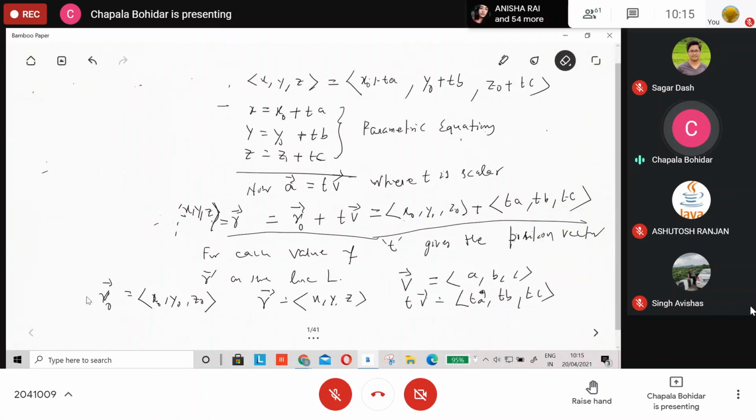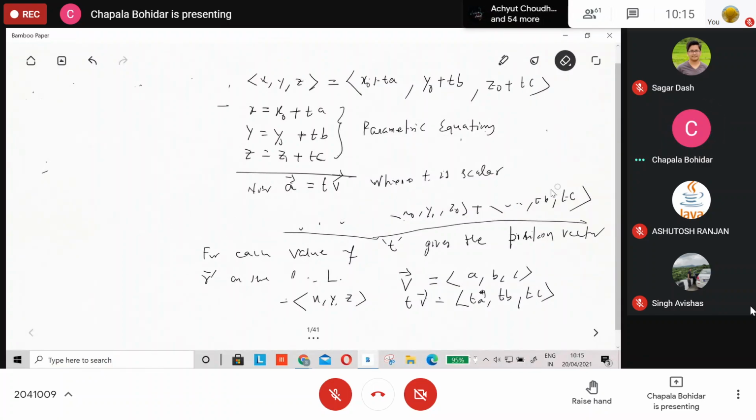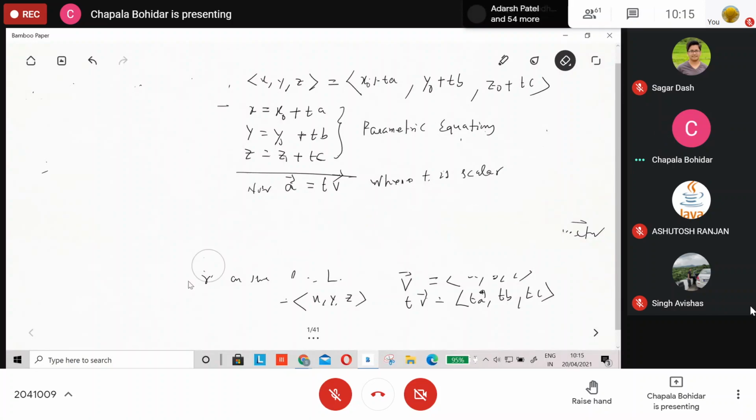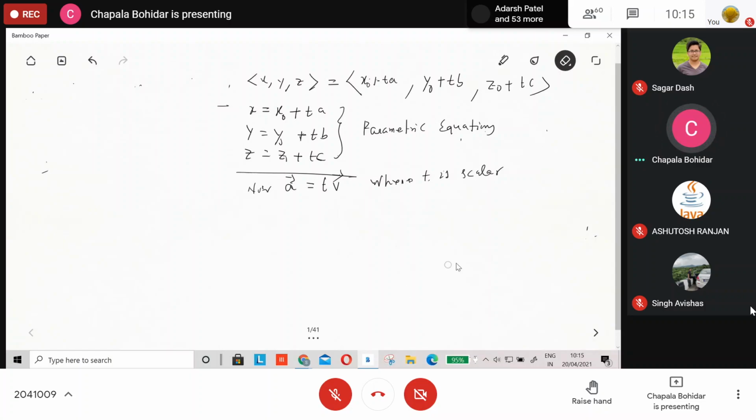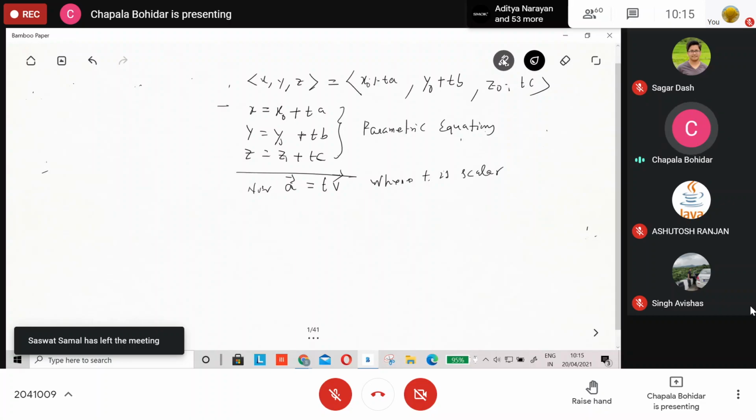I got the parametric equation. I am omitting this one also. I need only this. So I am omitting all this. Okay. So now the symmetric equation.